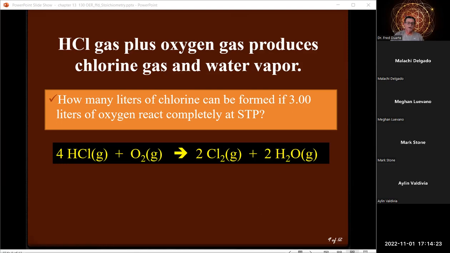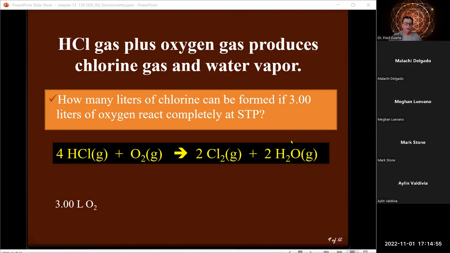The question is, how many liters of chlorine can be formed if 3 liters of oxygen react completely at STP? So our concern is between the O2 and the chlorine gas, and we are at STP. So we put down 3.00 liters of O2.